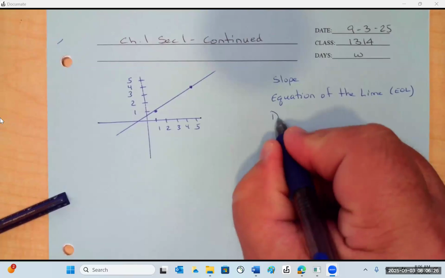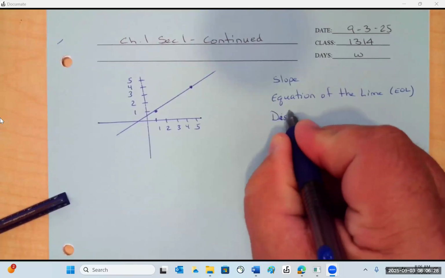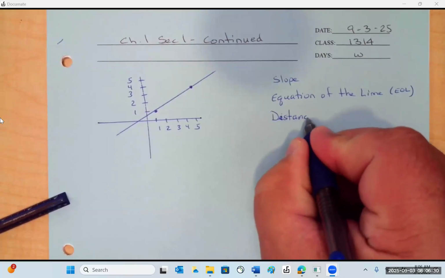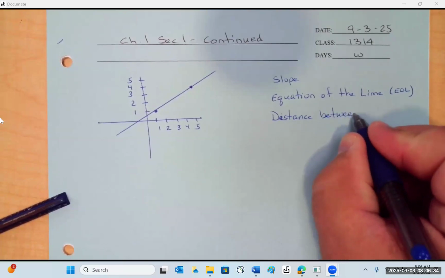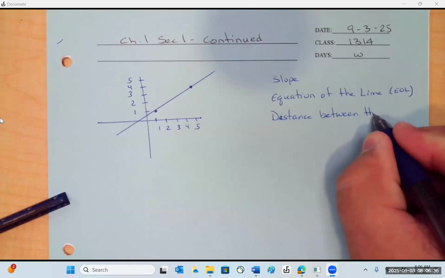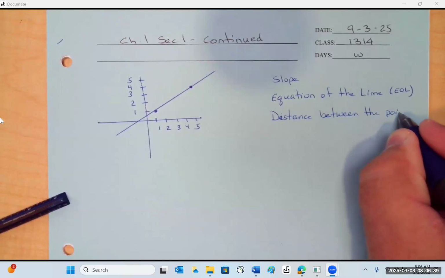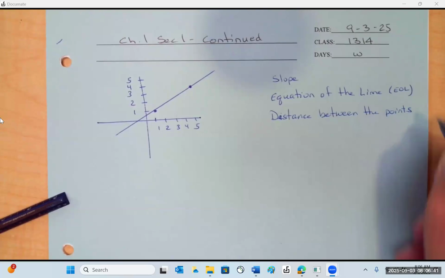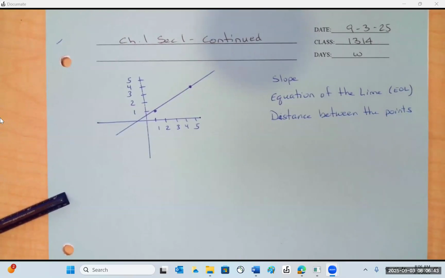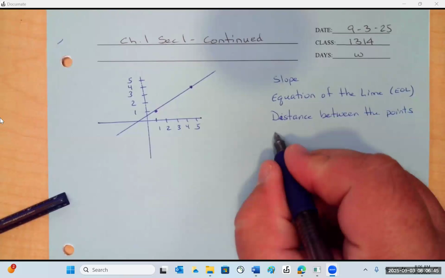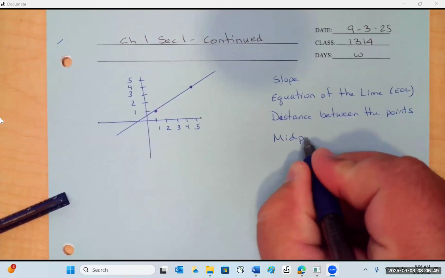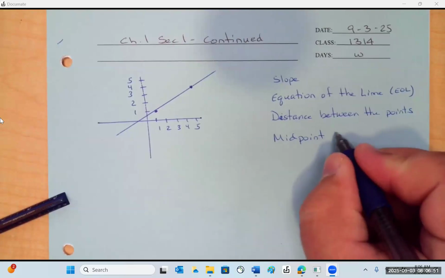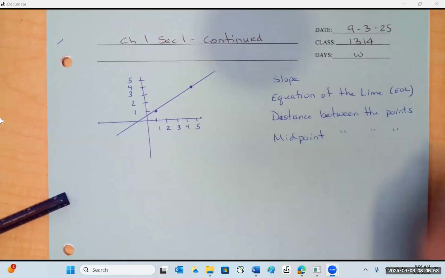The distance between the points. What else? You're reading pretty well. The midpoint between the points.